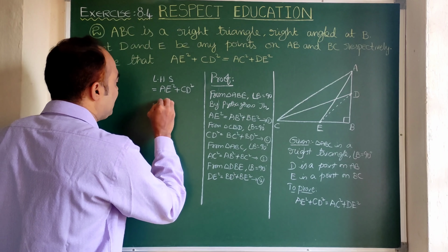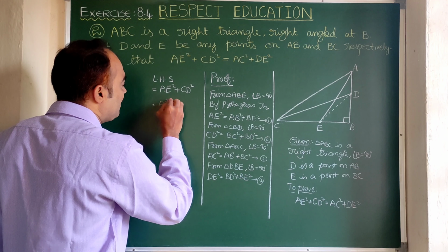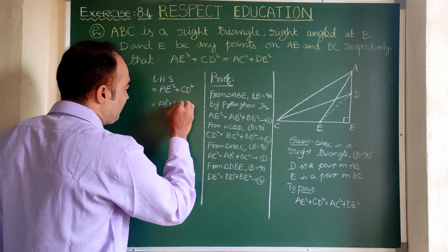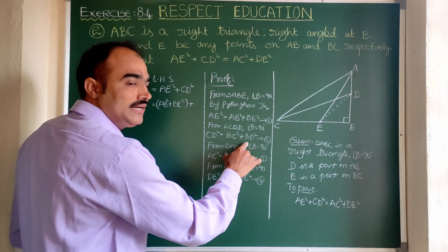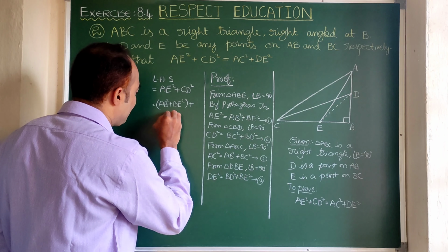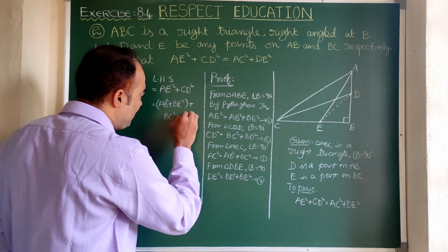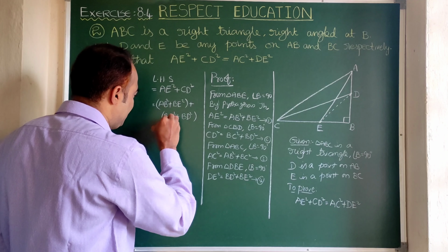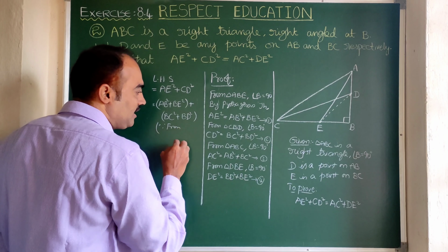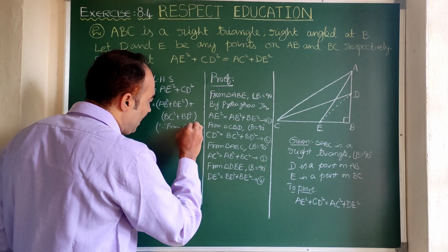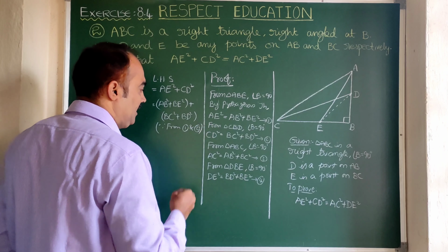AE square can be written as AB square plus BE square, plus CD square can be written as BC square plus BD square, since from equations 1 and 2.